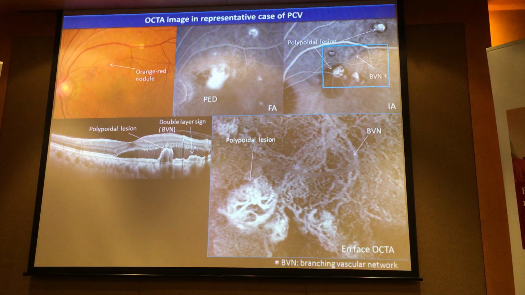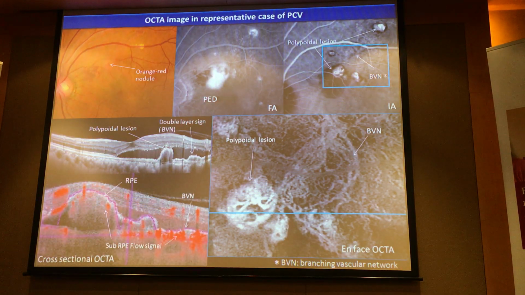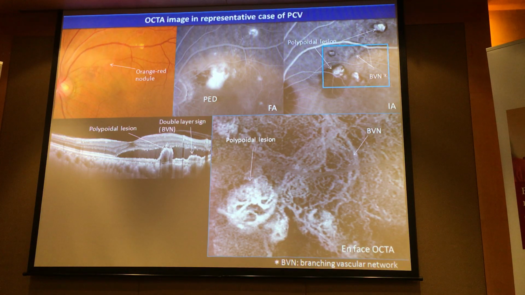Okay. If you scan this line on cross-section OCTA, you can see a flow signal in the polypoidal region.